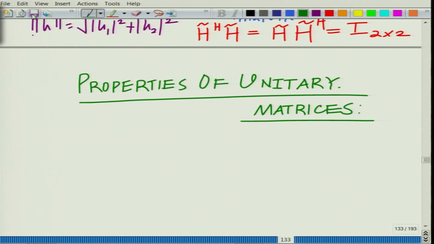of unitary matrices. For any unitary matrix U, it is easy to show that the magnitude of the determinant of U equals 1.